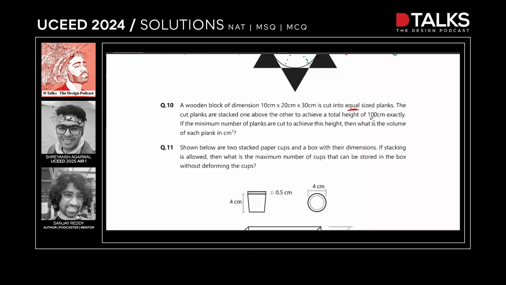Now, how do you make 100 centimeters from the sum of these three numbers? Why do I say from the sum of these numbers? To create the minimum number of planks, you are trying to put as many blocks at the biggest length, as long as you can, side by side.